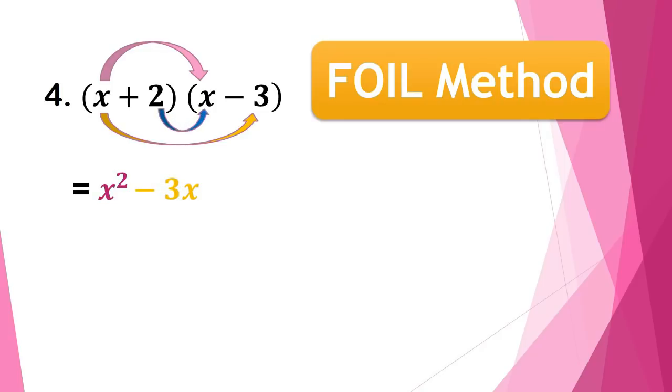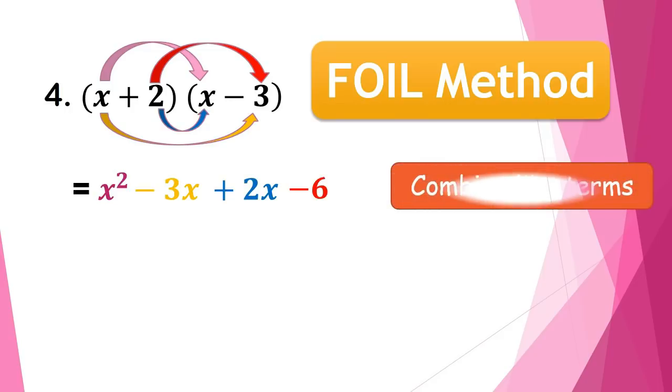Next, I for the inner term, 2 times x is equal to positive 2x. And L for the last term, which is 2 times negative 3, so the answer is negative 6. After we expand the given example, let's combine like terms.